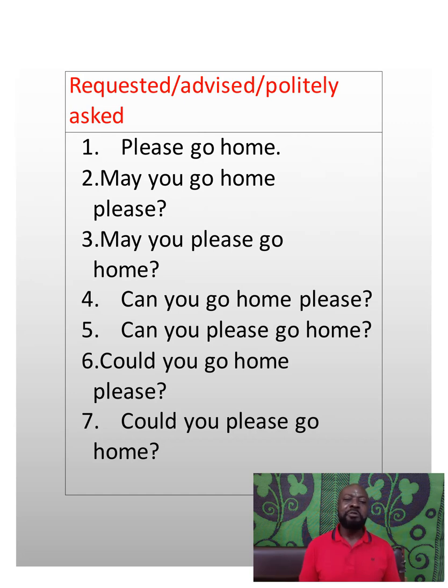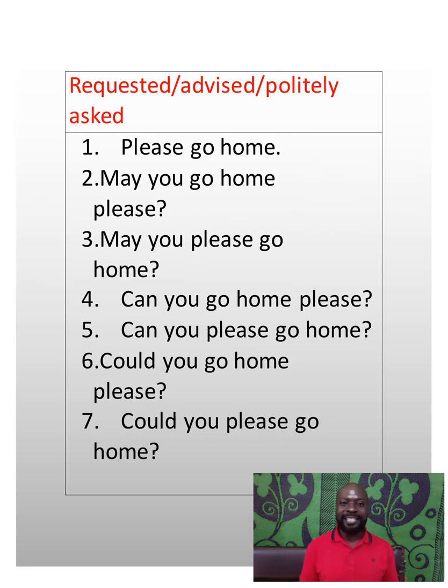Number 1, please go home. May you go home, please? May you please go home? Can you go home, please? Can you please go home? Could you go home, please? Could you please go home?